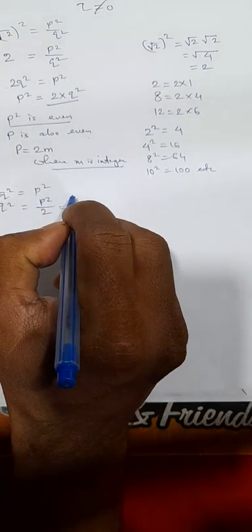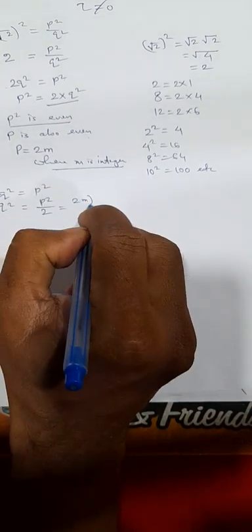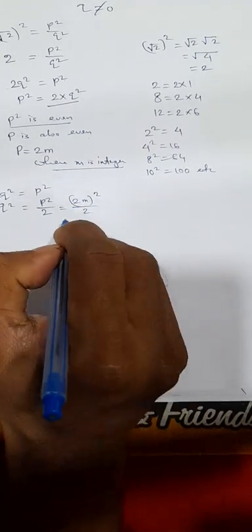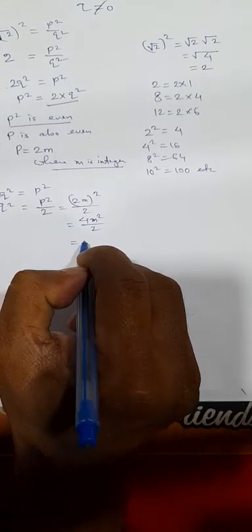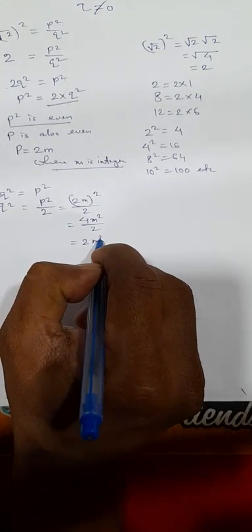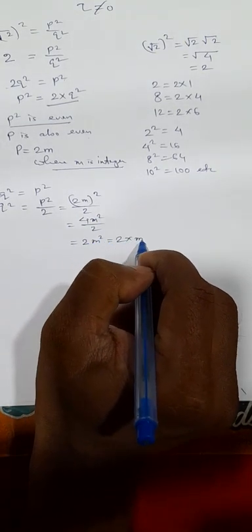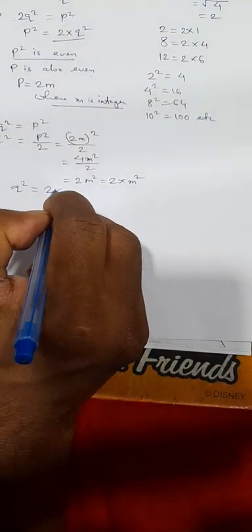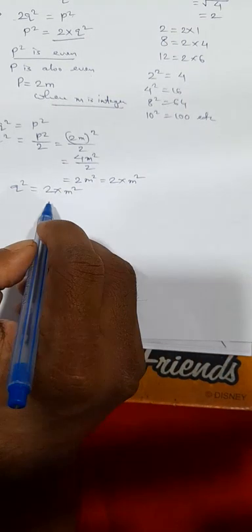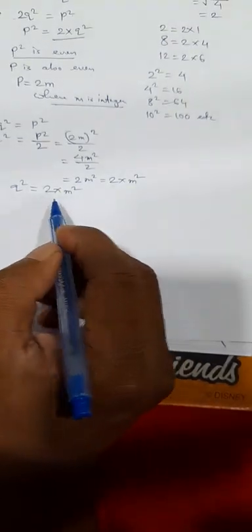Now p is twice of m, so the whole square divided by 2 means 4m square divided by 2, which means 2 multiplied by m square. Now you see q square equals 2 multiplied by m square. That means q is also even.